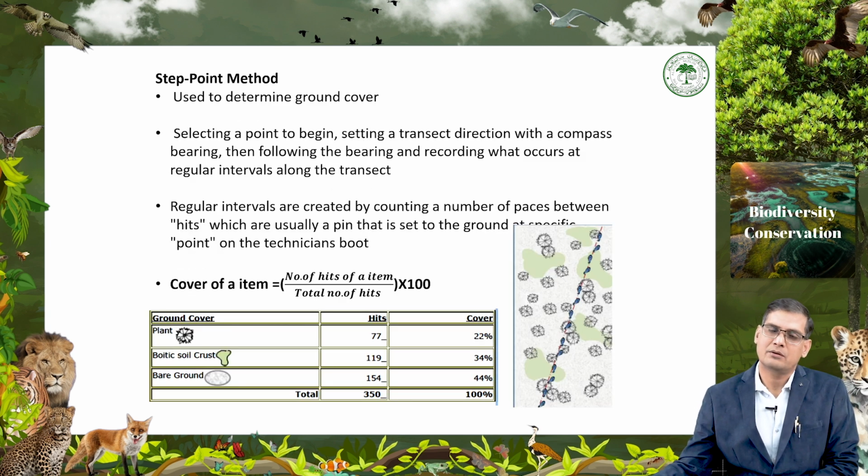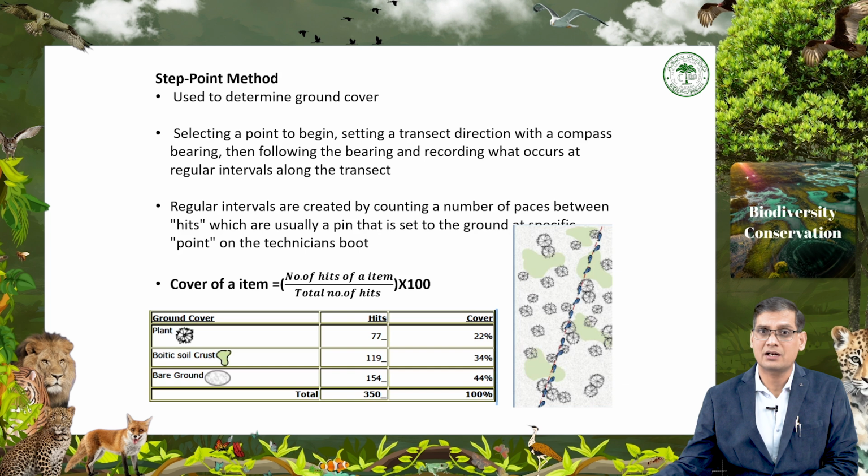Step point method. It is used to determine ground cover in the sample area. First, select a point to begin and then set a transect direction with the help of a compass bearing. After that, walk following the bearing of the transect and record what occurs at regular intervals along the transect.